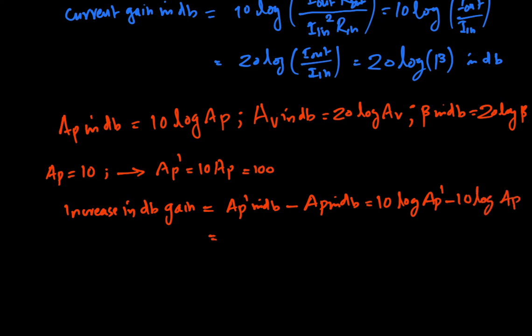So we get 10 log 100 minus 10 log 10, which is equal to, log 100 is 2, so 2 into 10 is 20, minus 10, log 10 is 1, so 10 into 1 is 10, so we will get 10 dB. So when there is an increase in the ordinary power gain by a factor of 10, the corresponding increase in decibel gain is 10 decibel only.